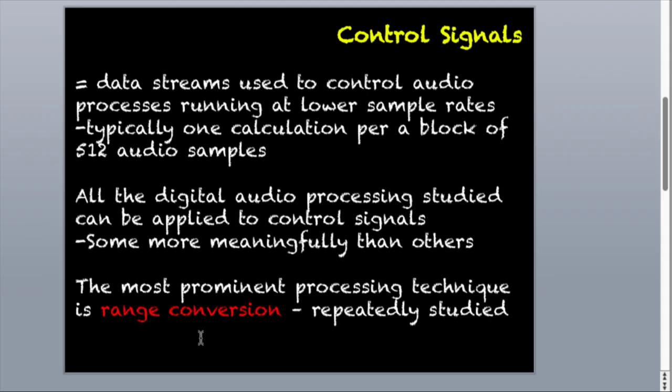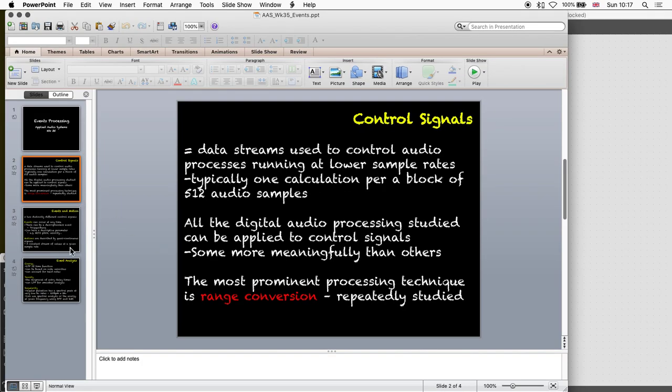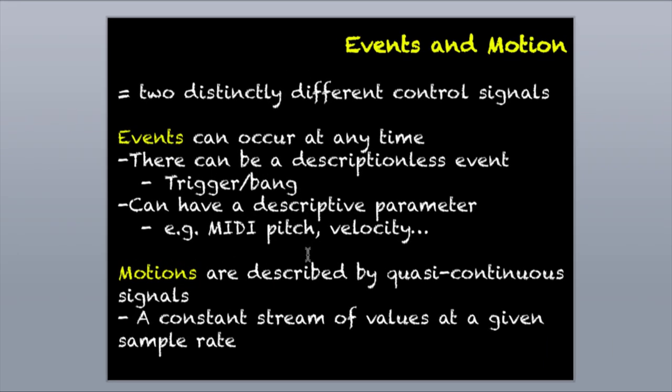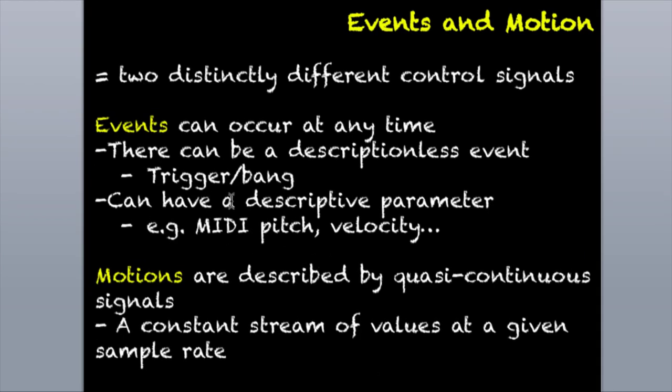Now, the basic thing that we do with control signals is we distinguish between events and motions. Okay, so it kind of has to do with fixed sample rate and not fixed sample rate, although it is not a clear map, because we can create a fixed sample rate for an event stream, in which case typically one event will be reported as ongoing while it's happening, and we can actually describe a motion at variable sample rate.